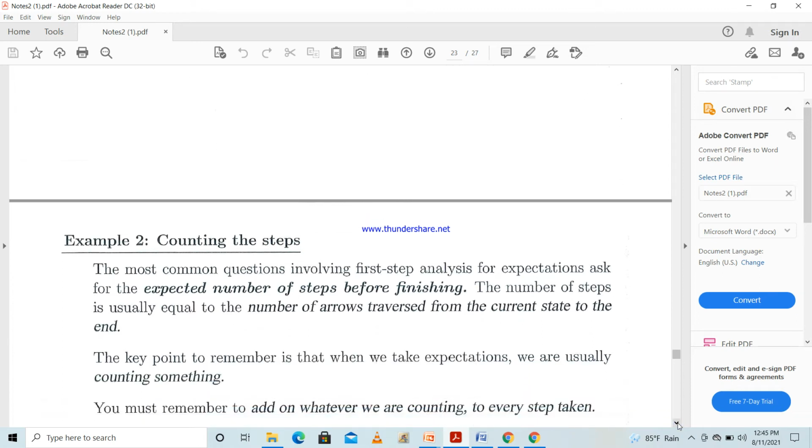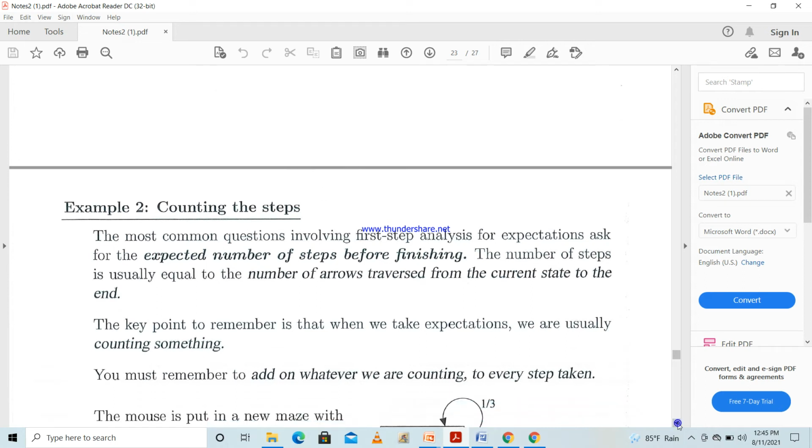So when you are given a diagram using first step analysis, you can write down all the formulas associated with the total law of expectation and find the expected reaching time, or else you can go with the quick notation of first step analysis and find the expected reaching time.